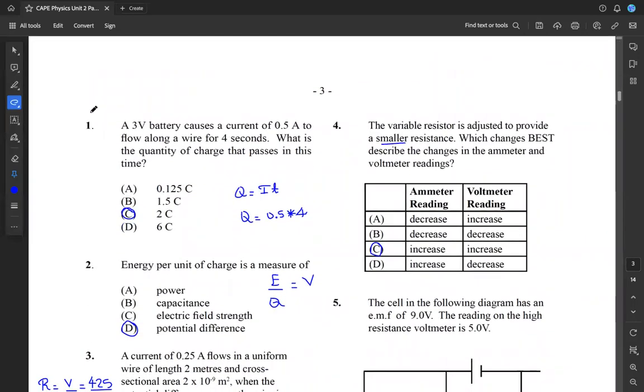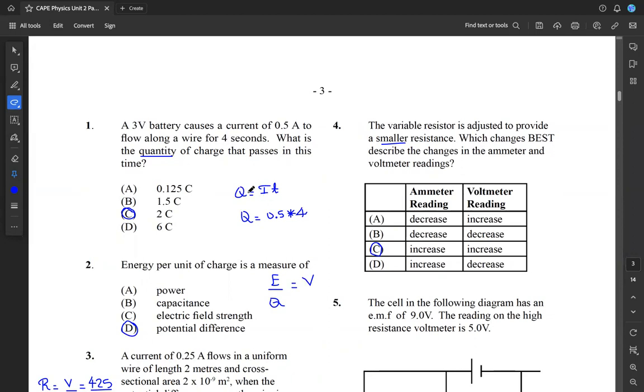All right, so for the very first question, we have a 3-volt battery that causes a current of 0.5 amperes to flow along a wire for 4 seconds. What is the quantity of charge that passes in this time? So we're concerned with the quantity of charge over this length of time, which is 4 seconds.